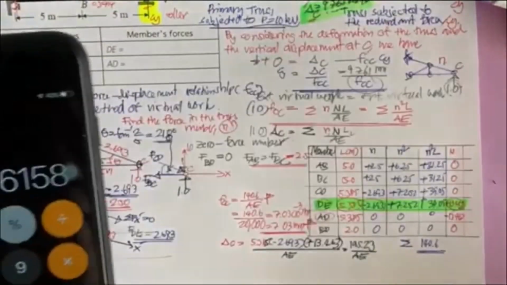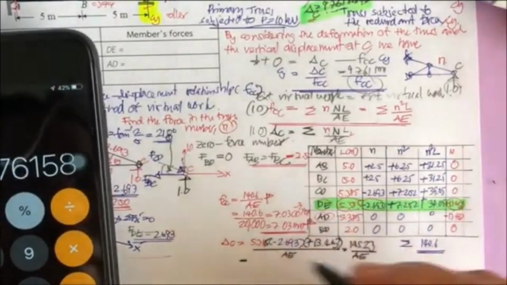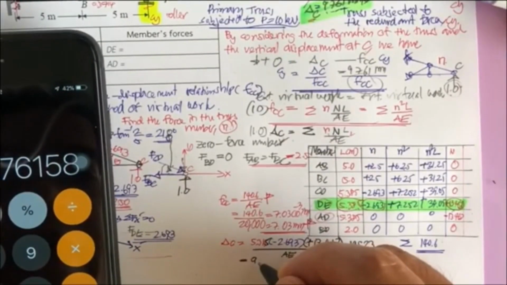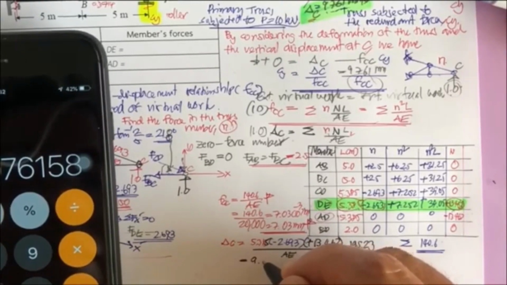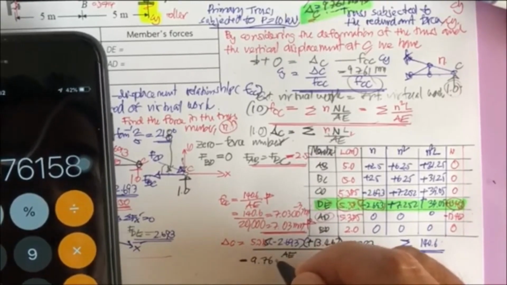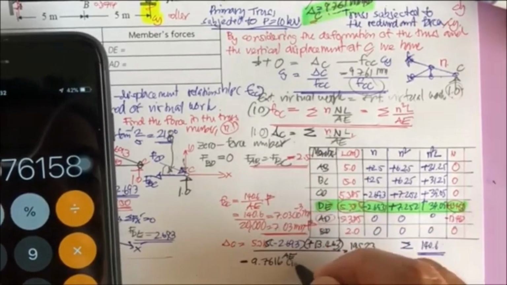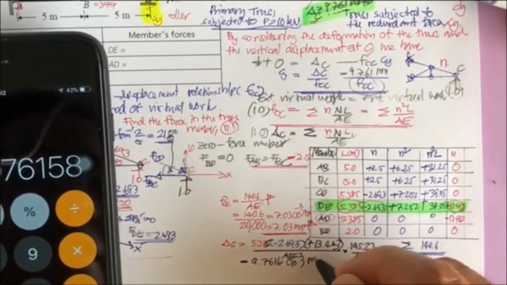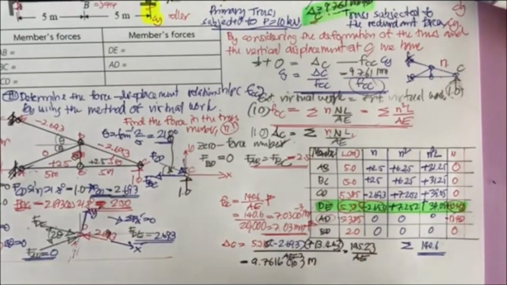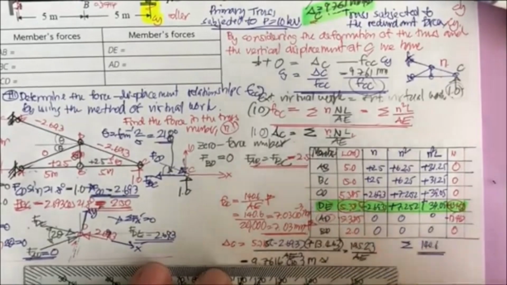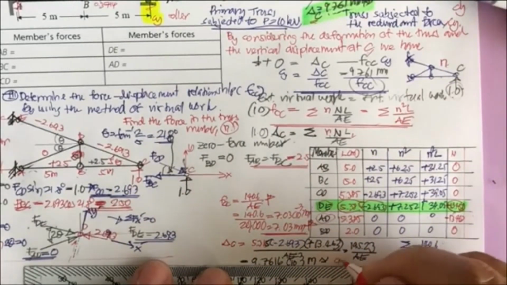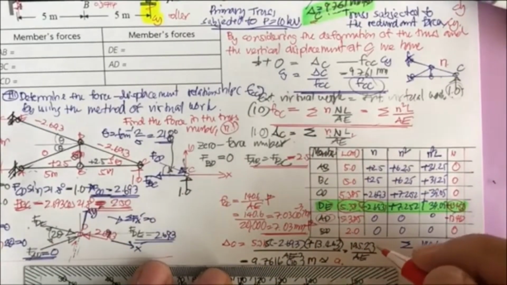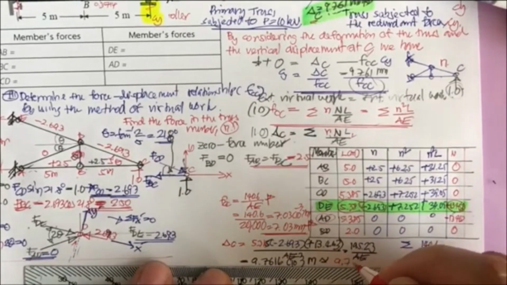Okay, that's it. So you have 9.7616 times 10 to the minus 3 meter. This is good enough: 9.761 millimeter.